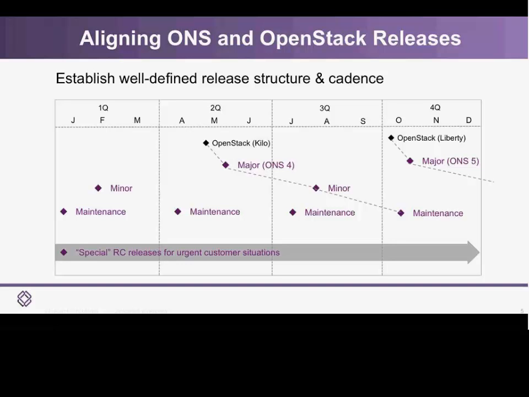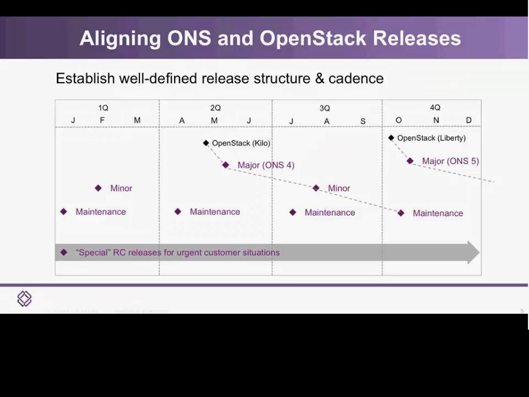Just to give some second order detail, a major release is tied to the OpenStack release. For example, you see here in Q2, we'll have a major release coming out to match against Kilo, and then we'll also be able to deliver new features in that major release or in a minor release. And then the maintenance releases are generally bug fixes. So what you'll notice is ONS 3.0 is slightly late.